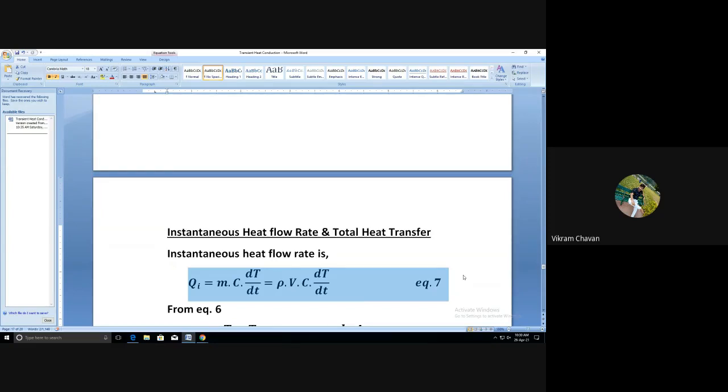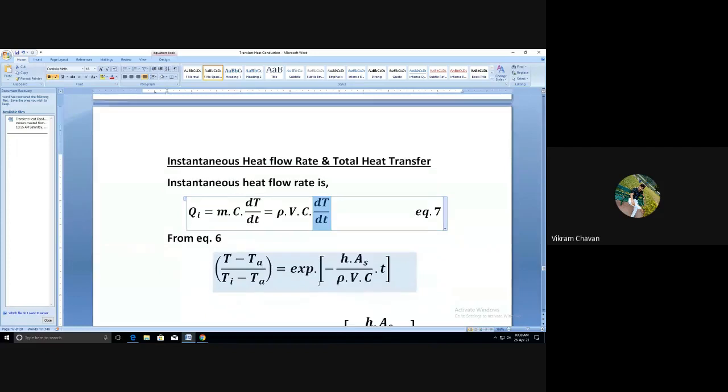Now once again we have to consider the equation number 6 to determine this particular dT divided by d small t. That is nothing but we have to differentiate the equation number 6 with respect to time, and we have to determine dT divided by d small t. Okay, so our equation number 6 is T minus Ta divided by Ti minus Ta, which is equal to exponential of minus h multiplied by A suffix s divided by rho V c multiplied by t.